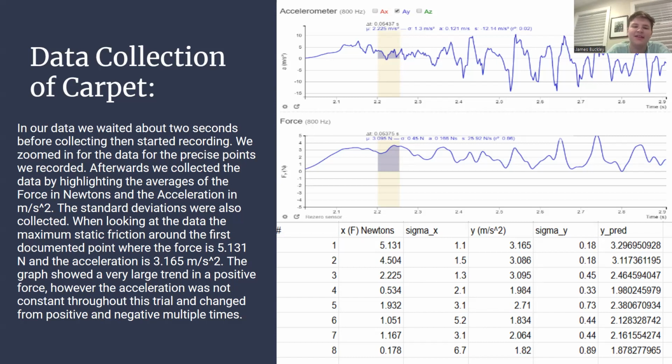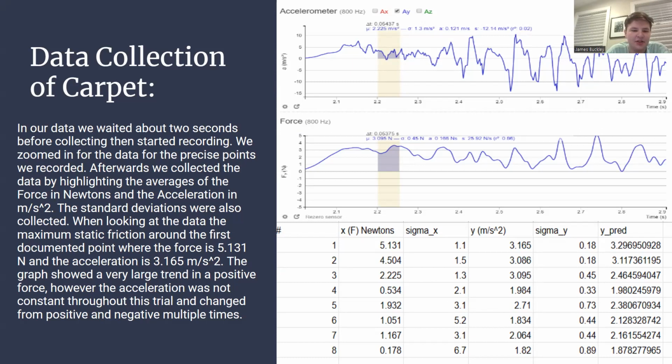We also said that the maximum static friction was around when the force was 5.131 newtons and the acceleration was 3.165 meters per second squared.